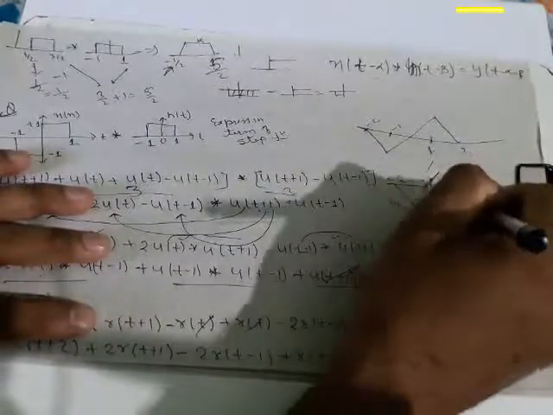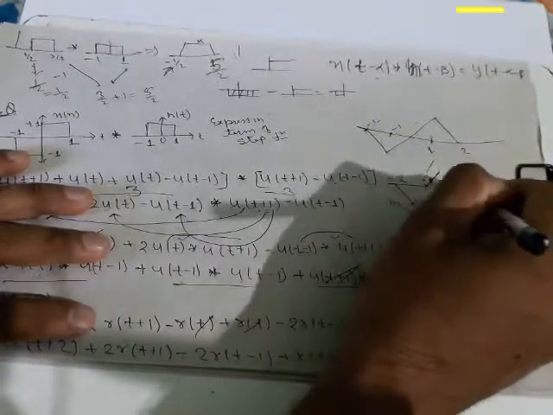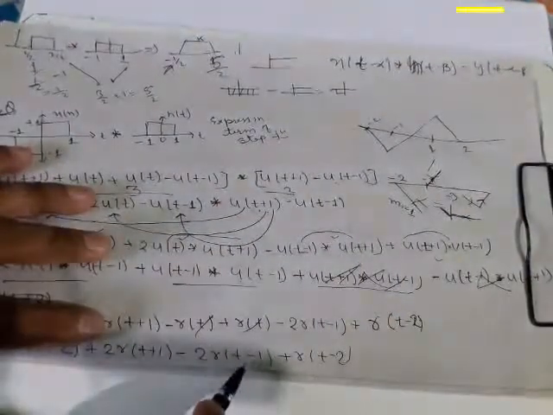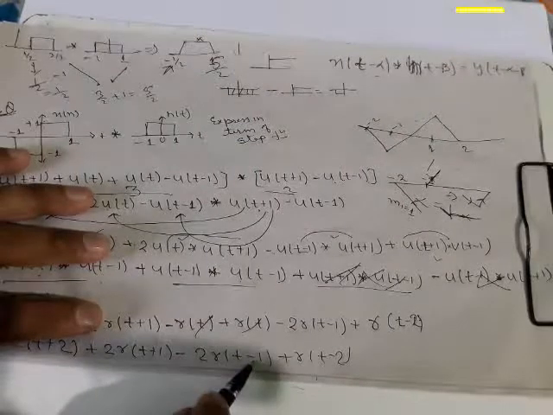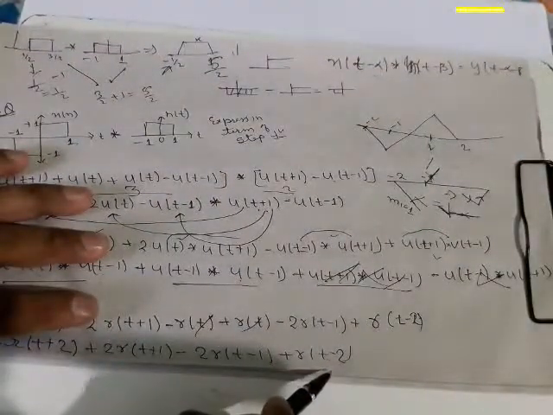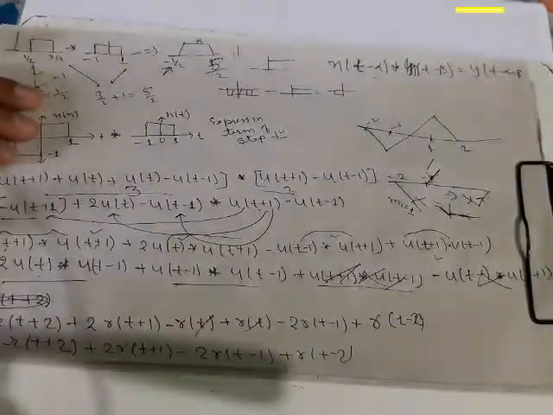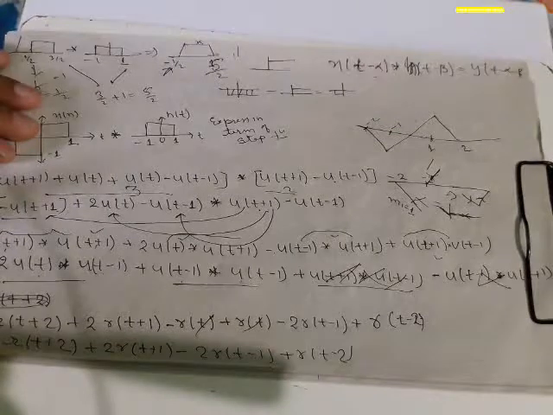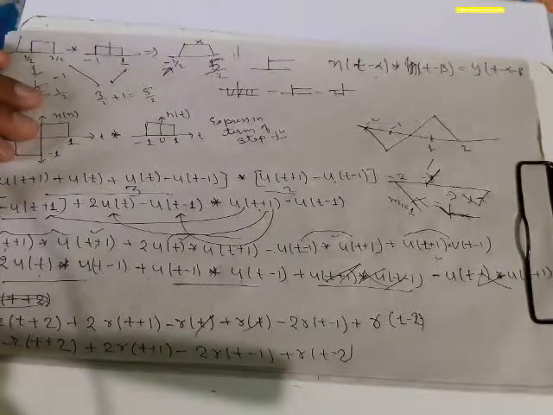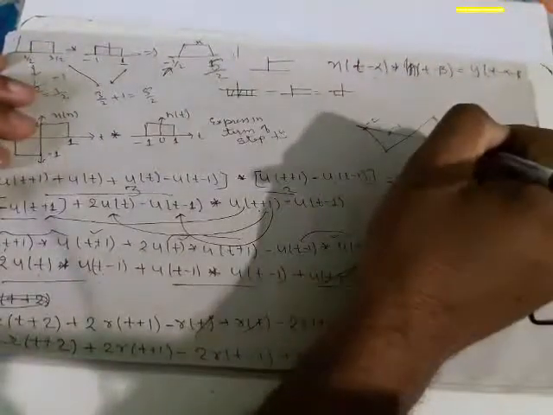Now for this signal, the first signal, it is like this, 0 to 1, and for this signal it is 0 to alpha. It is nothing but x(t/alpha).